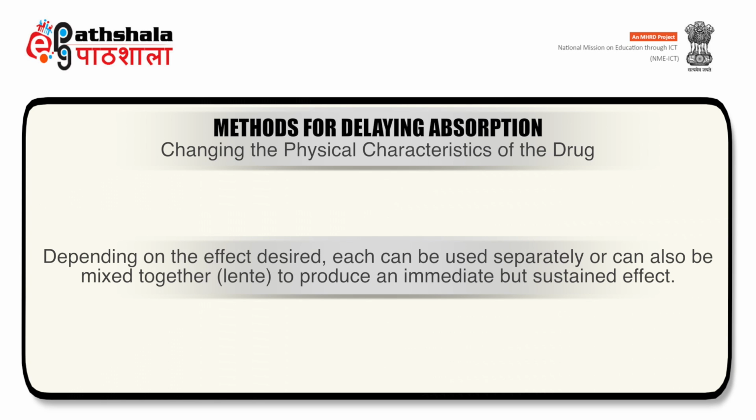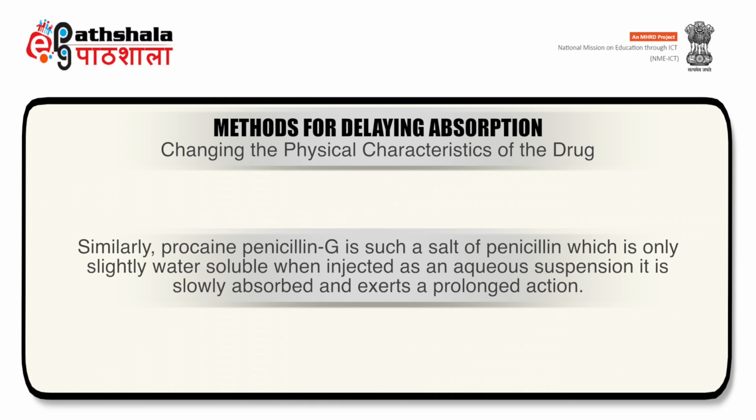Depending upon the effect desired, each can be used separately or mixed together to form a lente preparation which produces immediate but sustained effect. Similarly, procaine penicillin G is a salt of penicillin which is only slightly soluble when injected as an aqueous suspension, and it is slowly absorbed and exerts prolonged action.